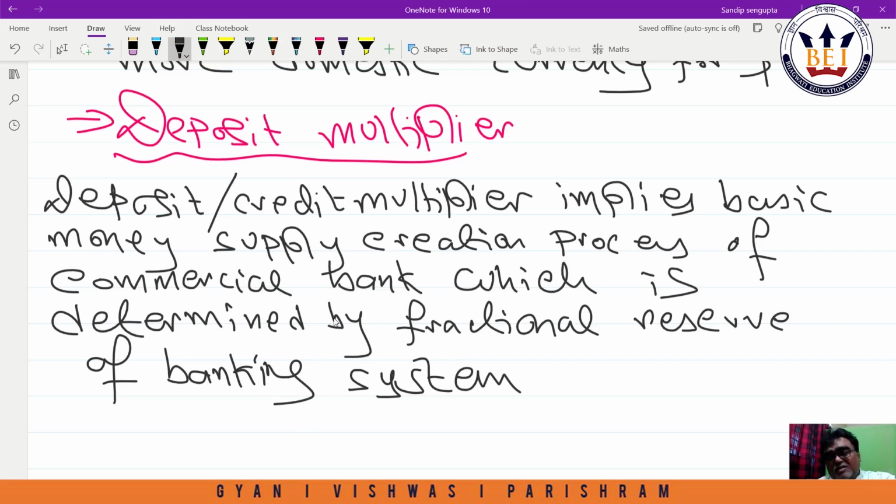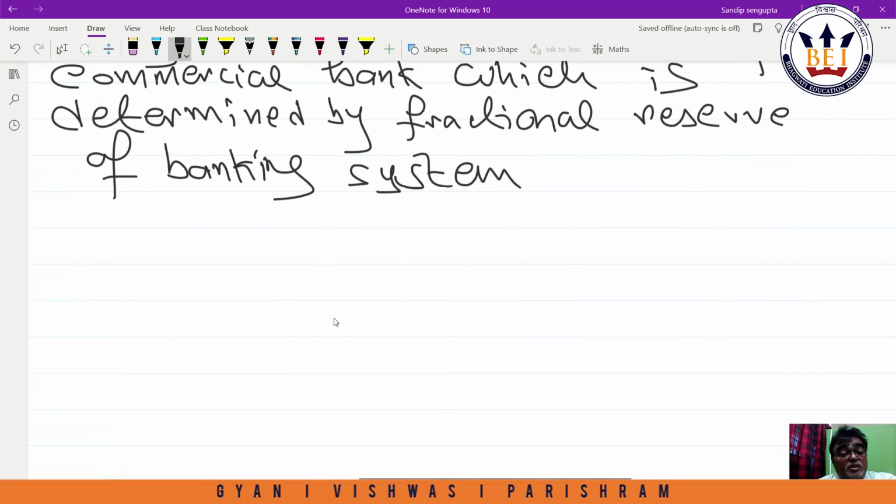I repeat, deposit multiplier or credit multiplier implies the basic money supply creation process of commercial banks, which is determined by the fractional reserve of the banking system. How do you denote this? 1 by CRR. People also call it legal reserve ratio, LRR.